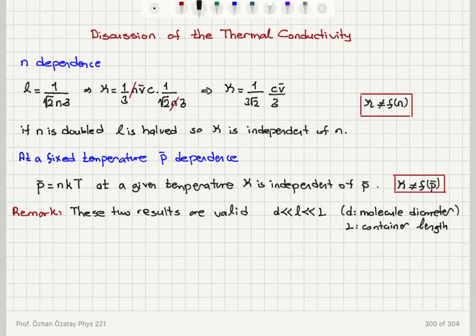So when the pressure is too low, you have the mean free path approaching the length of the container, in which case, since L is a constant, it's not 1 over square root 2 n sigma, then you would have a dependence on pressure and n. So let's talk about temperature dependence.